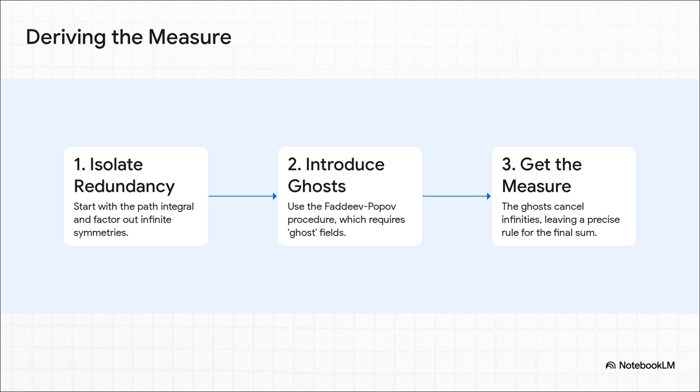This procedure lets you mathematically divide out that factor of 1,000,000. To make it work, you have to introduce these helper terms called ghosts. They aren't real particles, don't worry. They're just mathematical tools that exist only to make the math work out. They perfectly cancel the infinities from our overcounting and leave behind the perfect recipe, a measure, that tells us exactly how to do the final sum over our map of shapes.